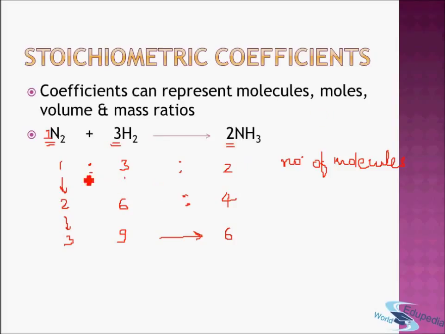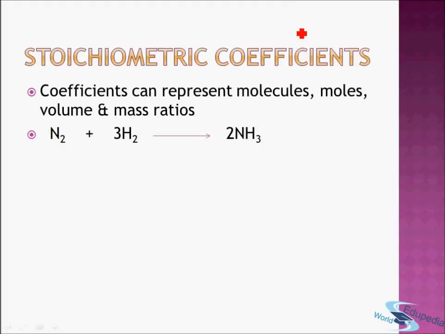Alright, so it is not only the ratio of number of molecules, but we can also say that it is the ratio of number of moles. Right? Let's see. Again, I have 1:3:2 ratio.